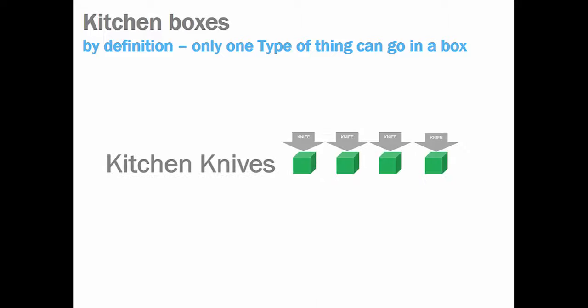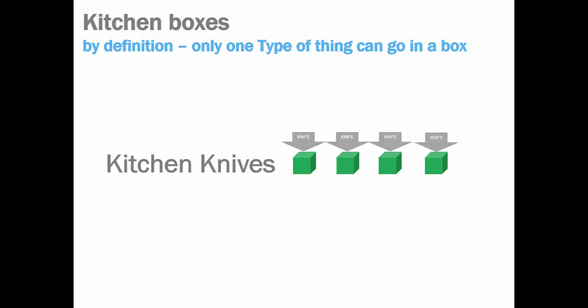Now specifically, let's look at kitchen boxes. By definition, only one type of thing can go in a box. So in this case, I'm looking at the things in my kitchen, and specifically knives. Kitchen knives, I'm going to call that a placeholder.